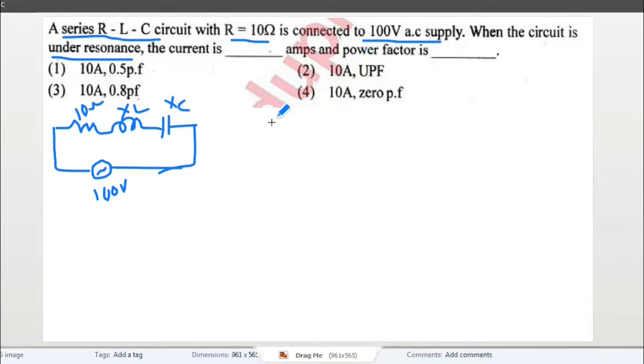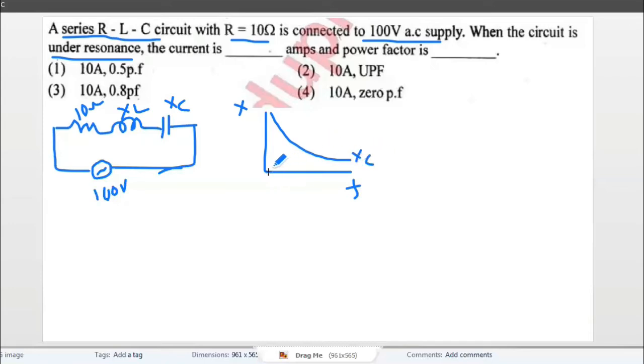Under resonance condition, if you draw the reactance versus the frequency, this is the reactance versus frequency. If you consider the capacitive reactance, this is XC.